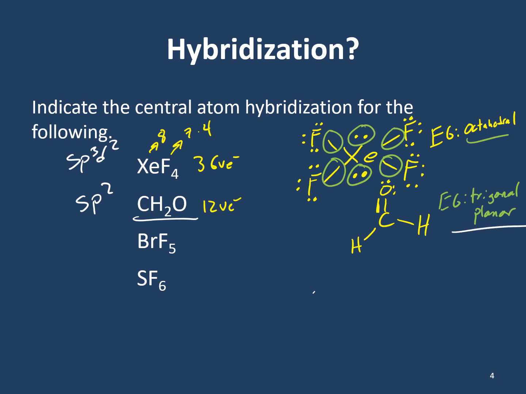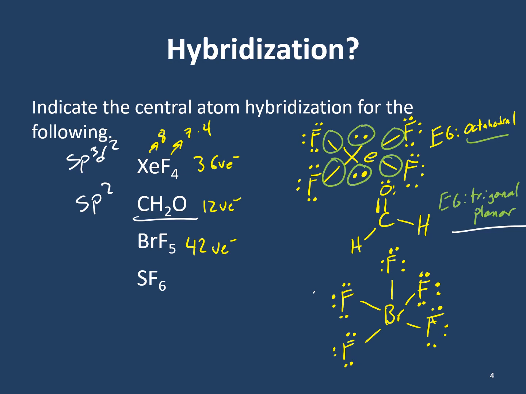If we look at BrF5, this has 6 times 7, so 42 valence electrons here. And we have Br as our central atom. I have used up 40 of my 42 valence electrons.